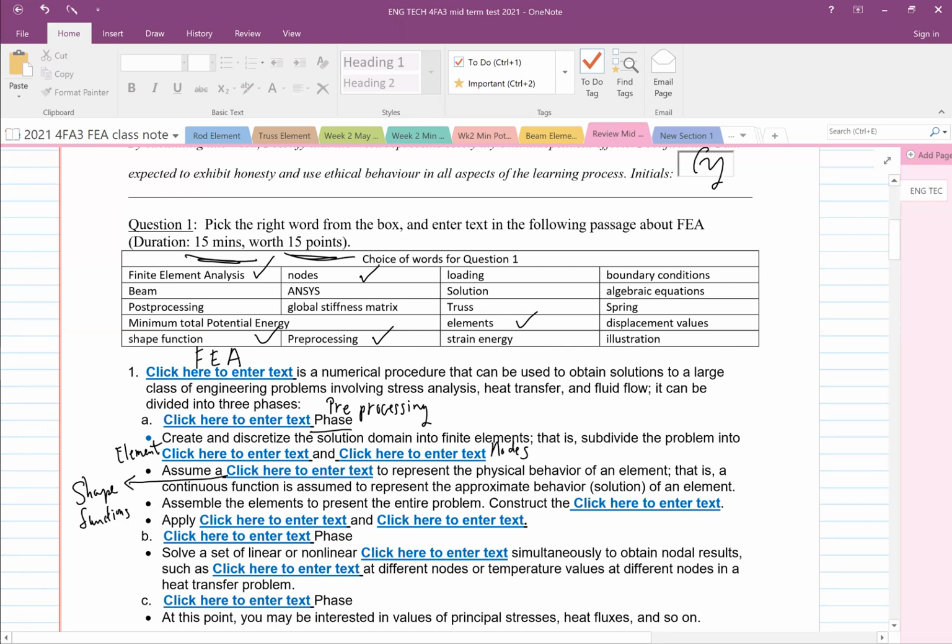Then assemble elements to represent the entire problem, and construct the global stiffness matrix. Apply the boundary conditions and loading.